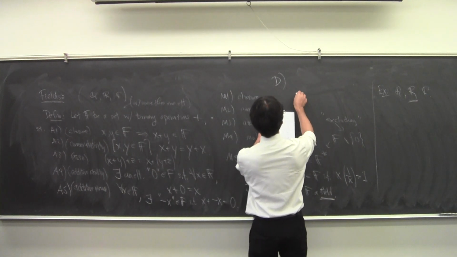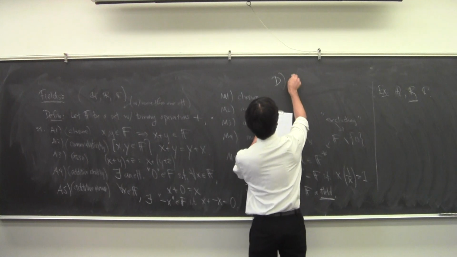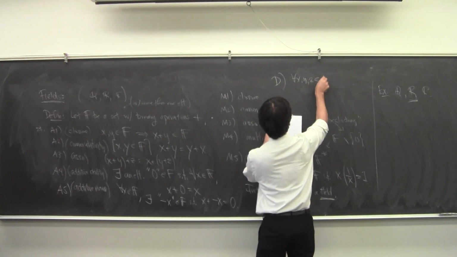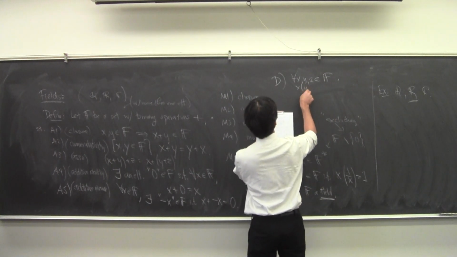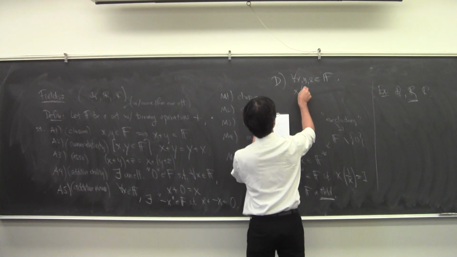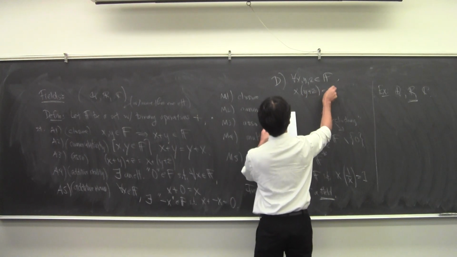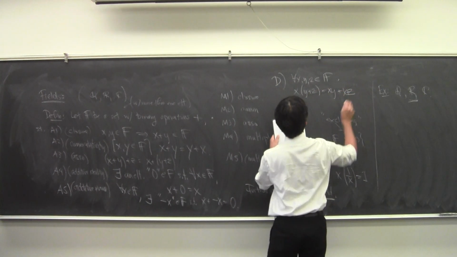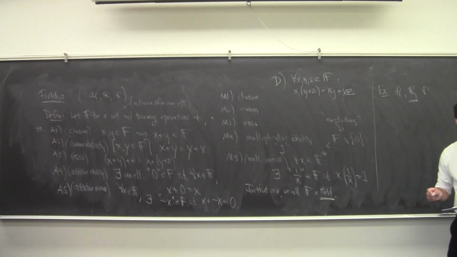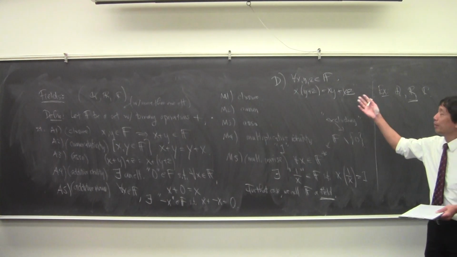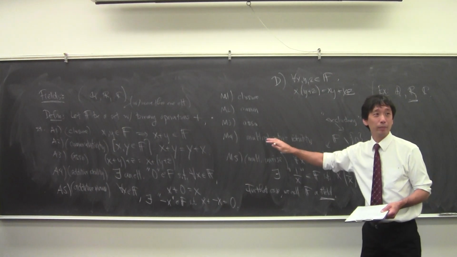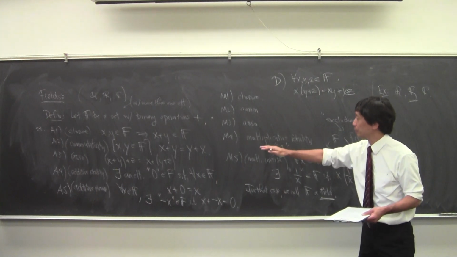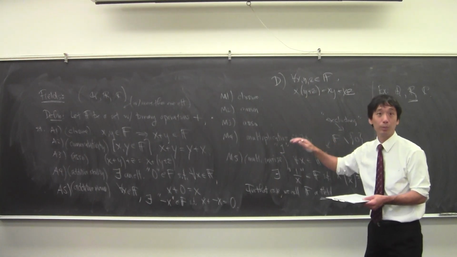D: for all x, y, z in F, x times (y plus z) equals xy plus xz. Sorry about that. This one involves the interaction between addition and multiplication.